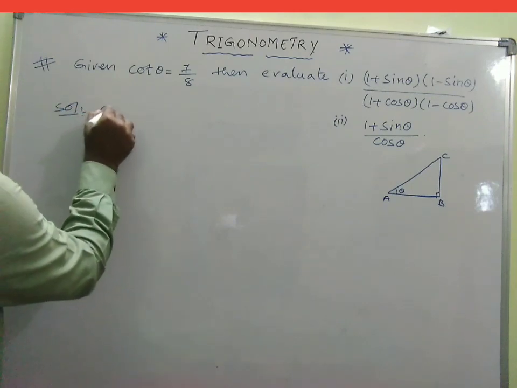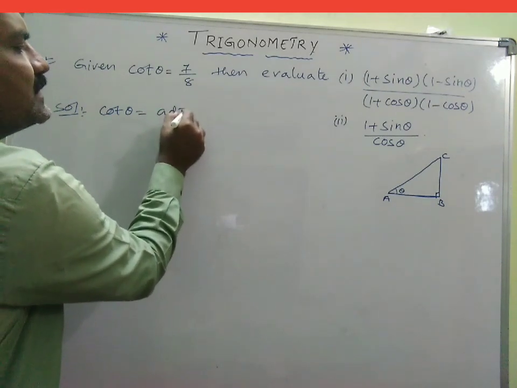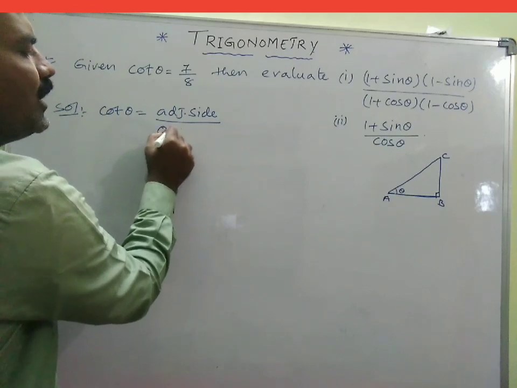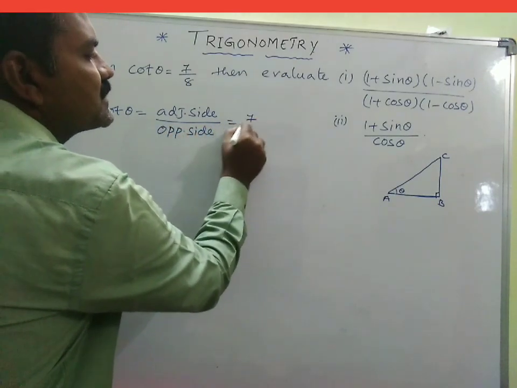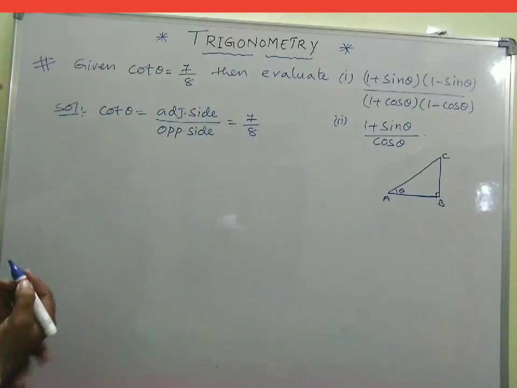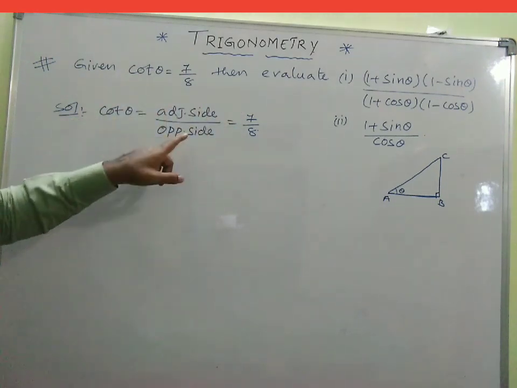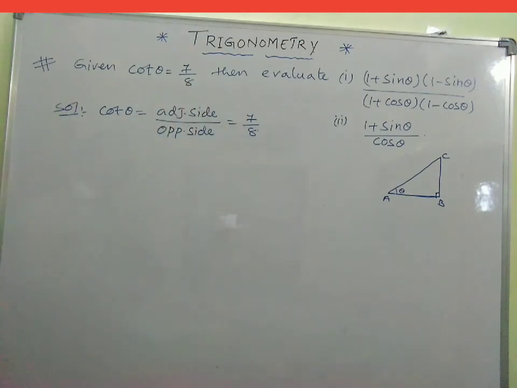What is given is cot theta, which is the adjacent side to angle theta by the opposite side to angle theta, which is 7 by 8. But I told you in the last problem, don't consider the adjacent side as 7 and the opposite side as 8, because this 7 by 8 is the ratio but not the length.